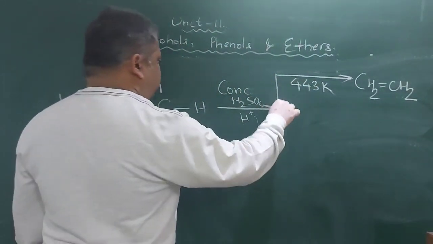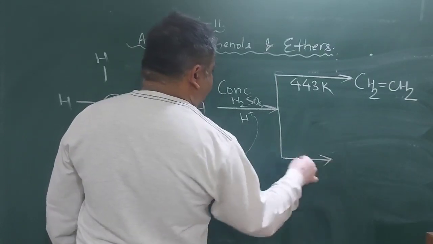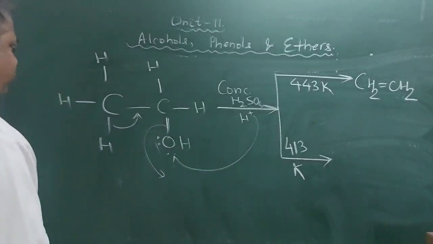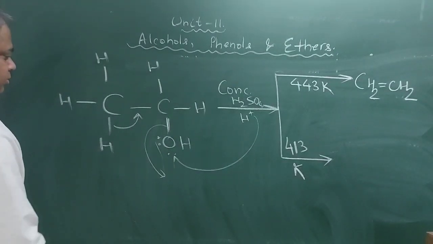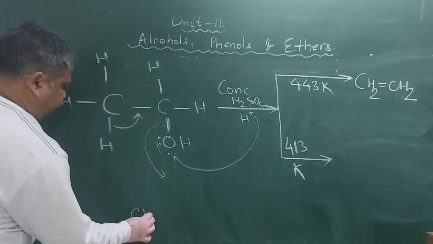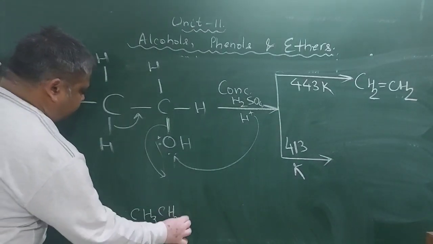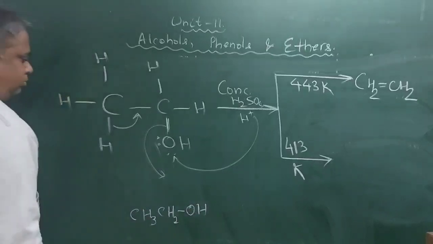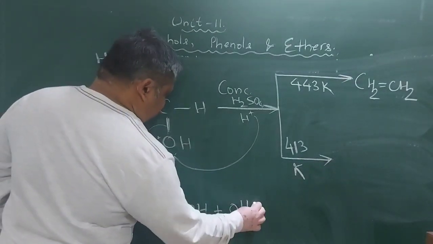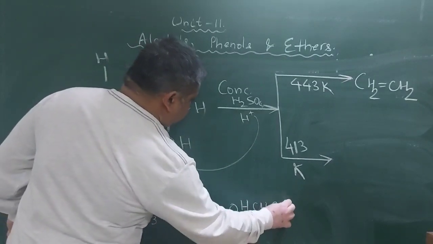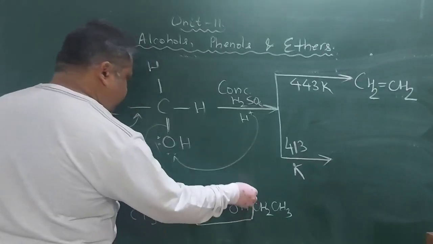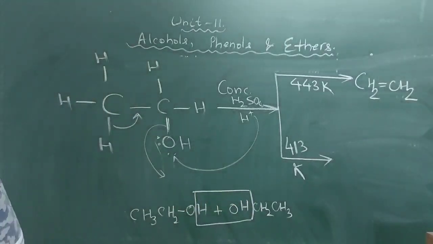Also, dehydration can be in this way. At 413 Kelvin, it can form ether like this. H and OH can come out and can form ether.